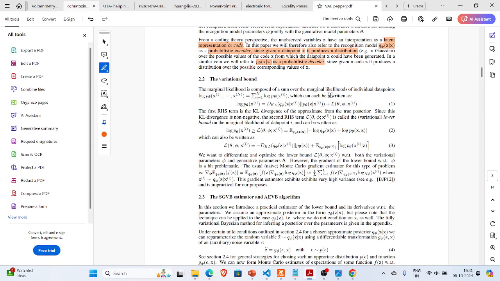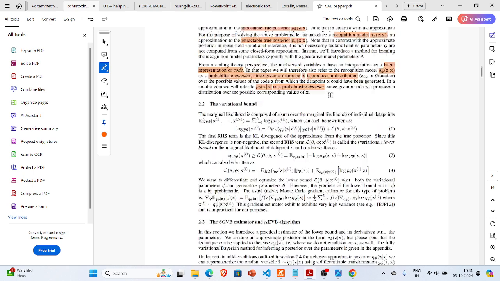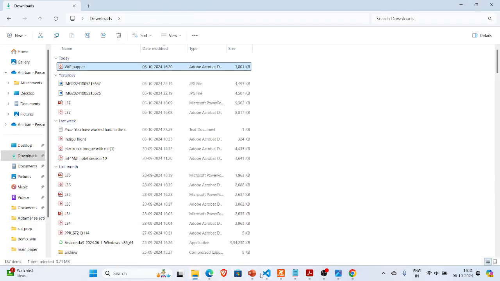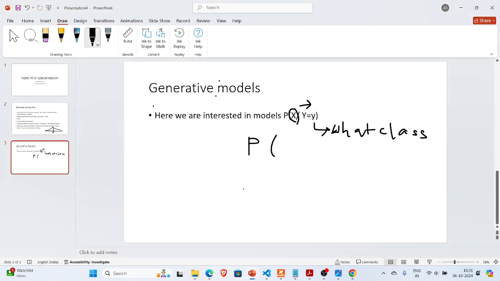Now this is the main theory here, and we need to understand it well. Let me summarize what we have covered till now. You have your variable x, and we are getting it to a lower dimensional variable z through a function named q with the parameter phi, this is z given x.